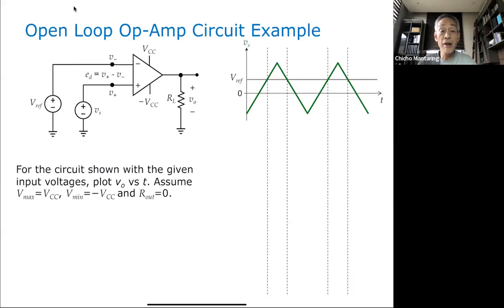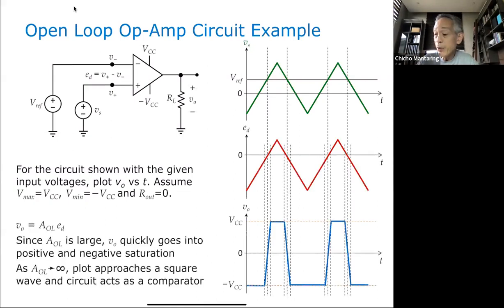So to my non-inverting input, I have a time-varying signal, and to my inverting input, I have a constant voltage. What will my output look like?